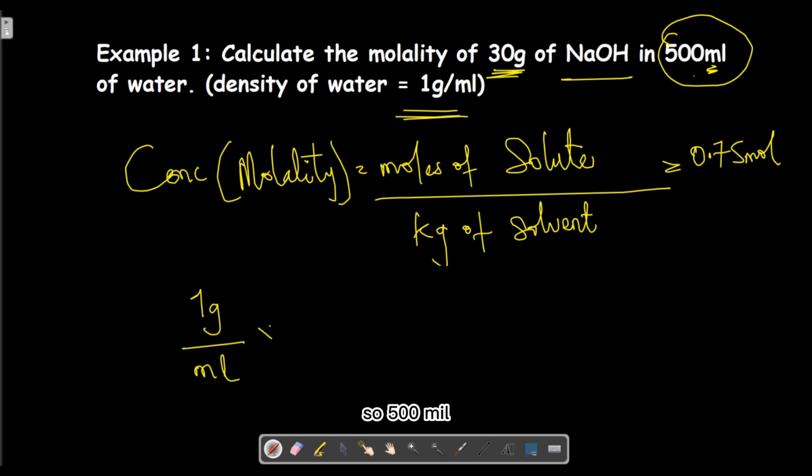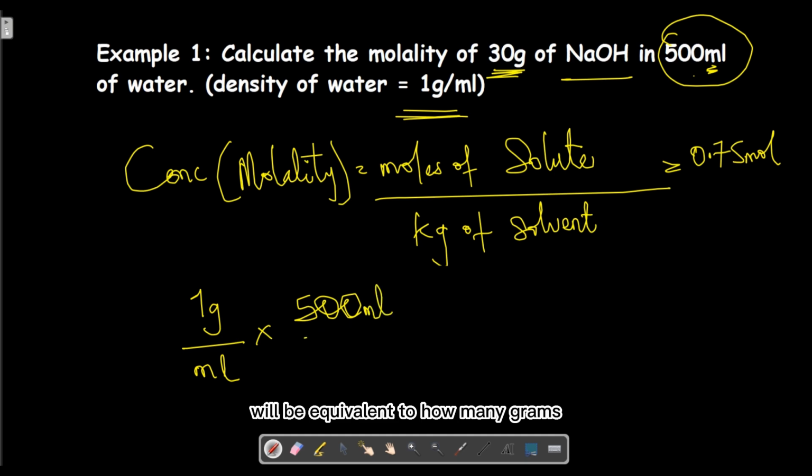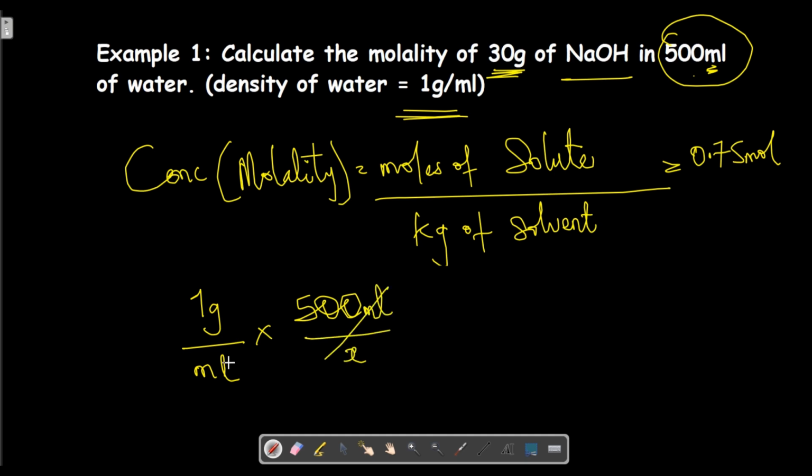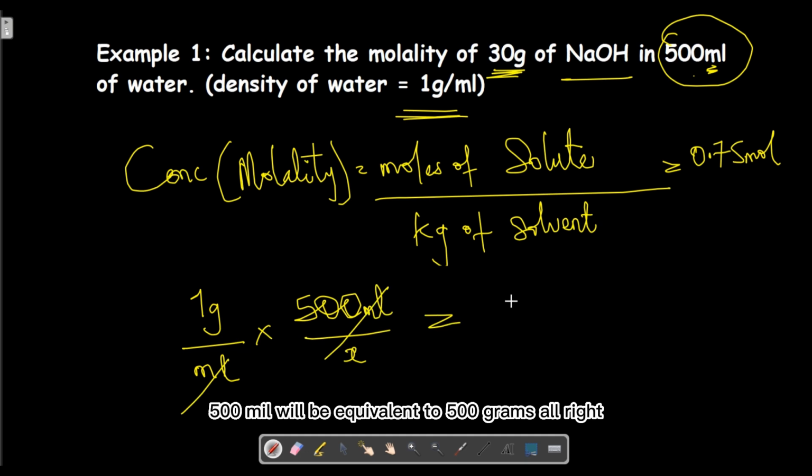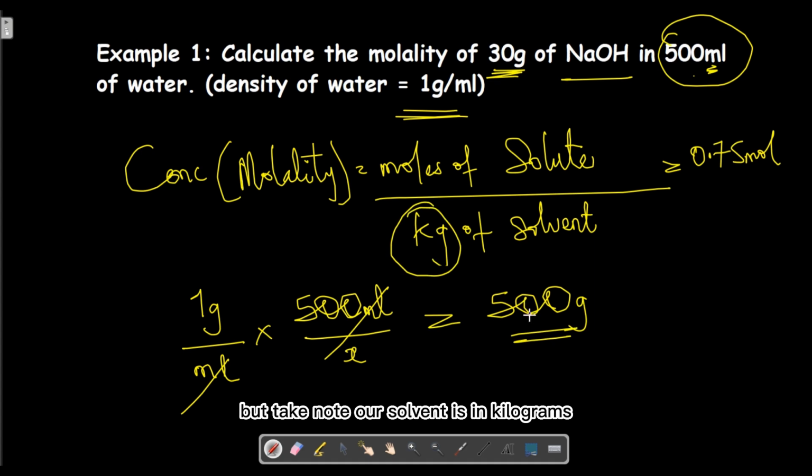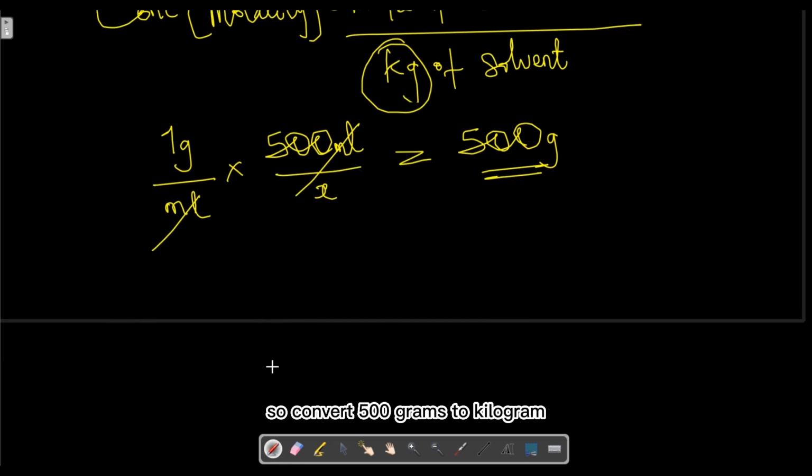All right. So 500 ml will be equivalent to how many grams? So ml going to ml, 500 ml will be equivalent to 500 grams. All right. But take note, our solvent is in kilograms. So we convert 500 grams to kilogram.